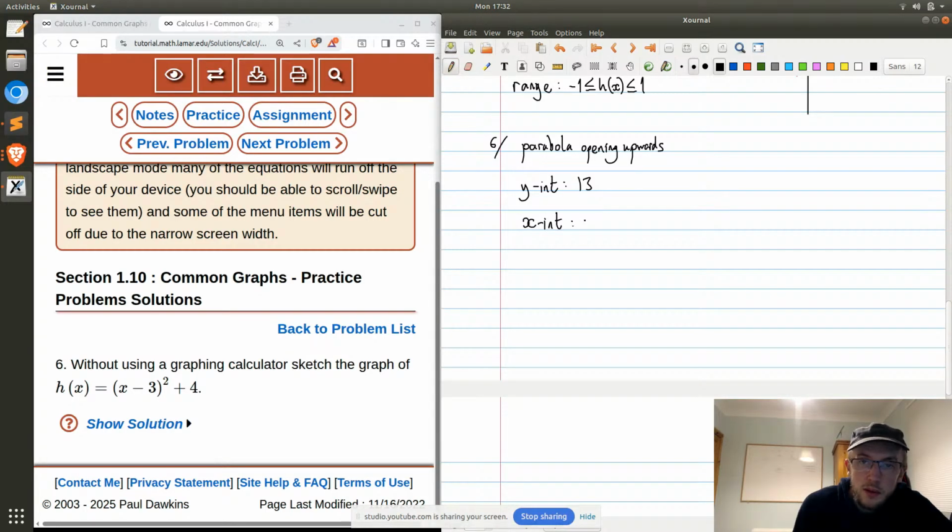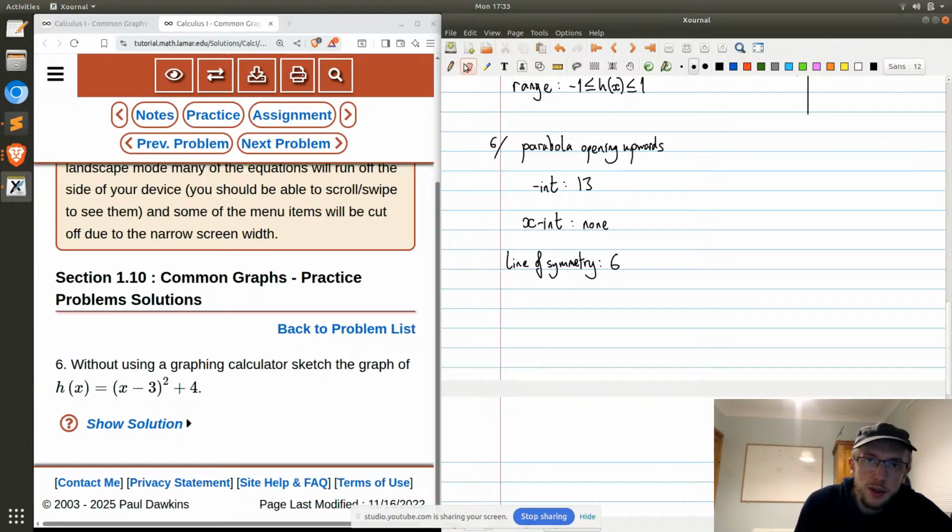X-intercepts or roots, none. Line of symmetry: 6. What do you mean 6? Well, oh, right, I get it.